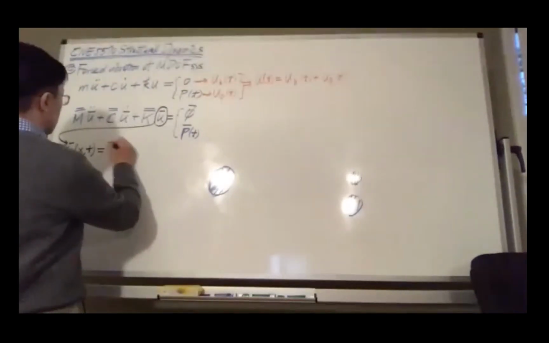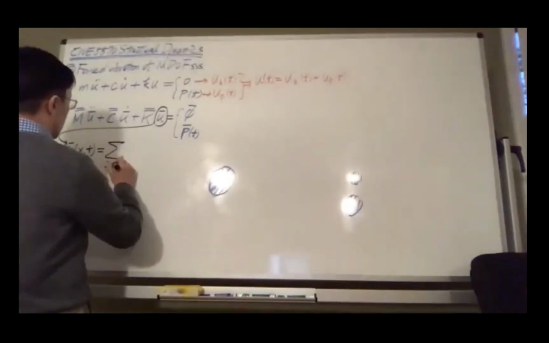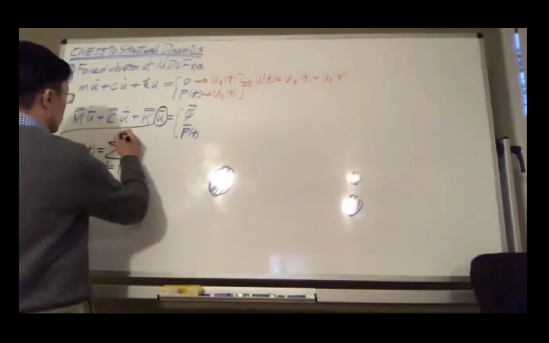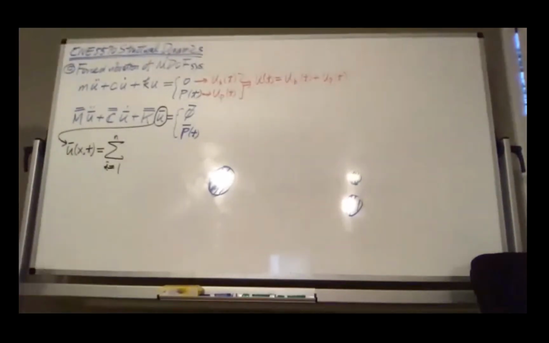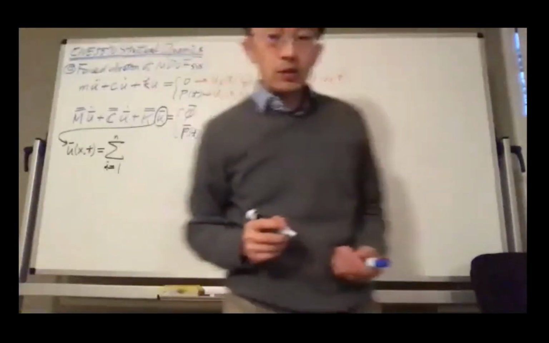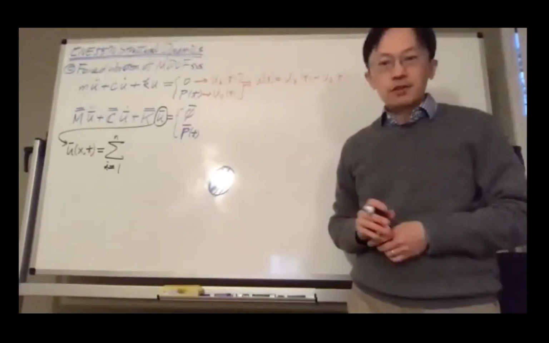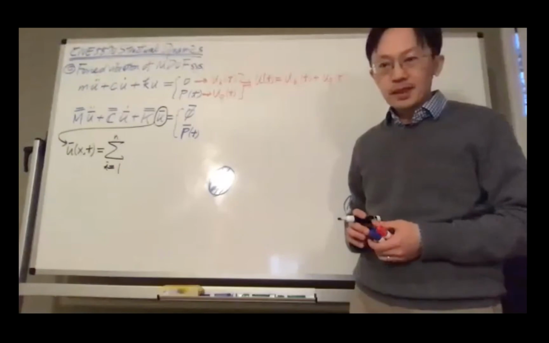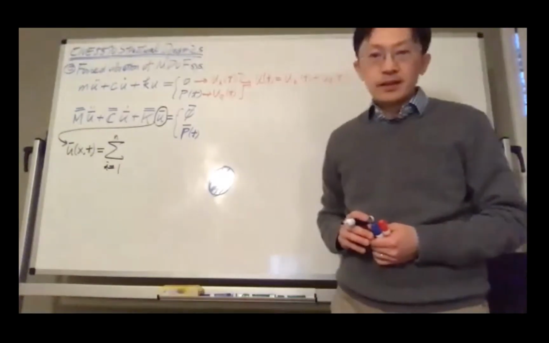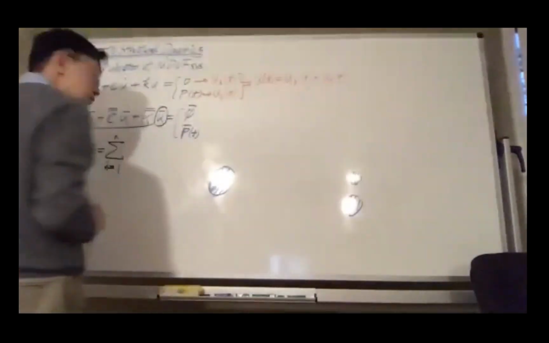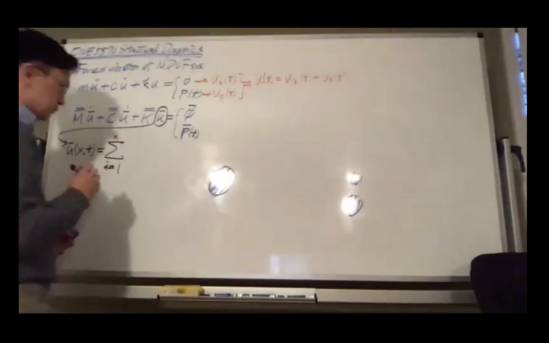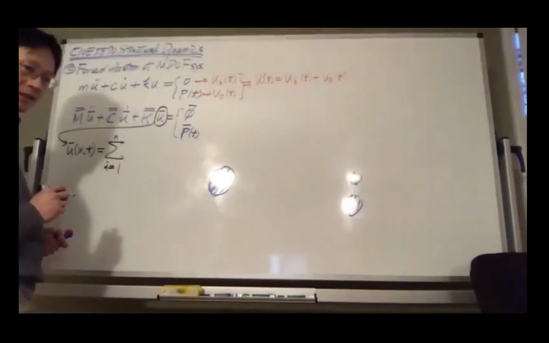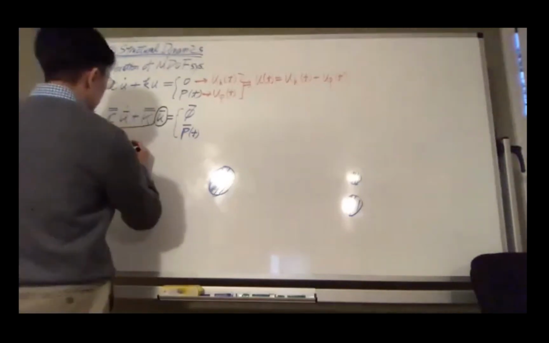That's the summation from i equals 1 to the degrees of freedom, denoted by n here. So what are the two components we have? What is the first one? Anybody remember? Shape function. Yeah, the first one is called the shape function.